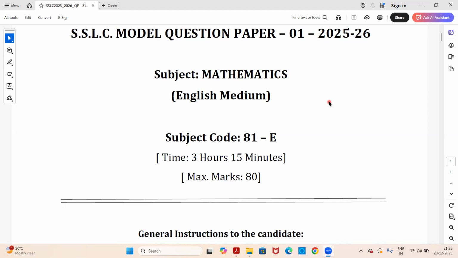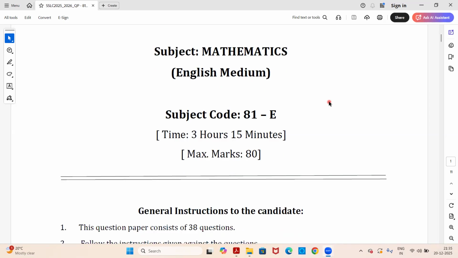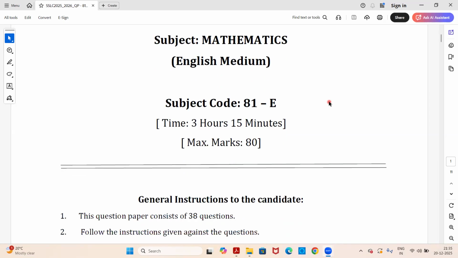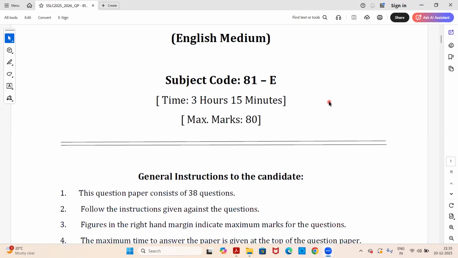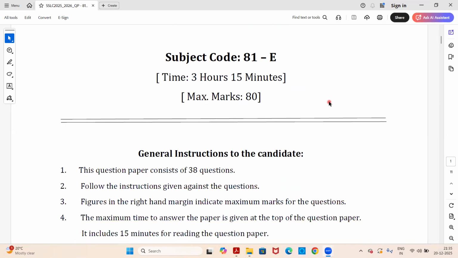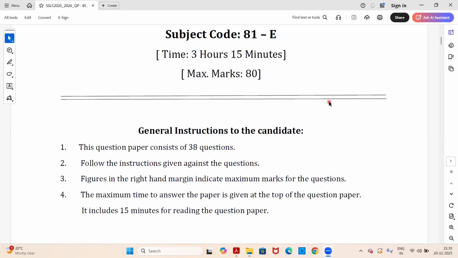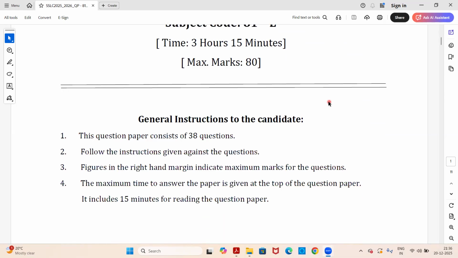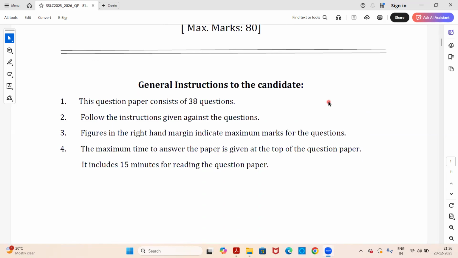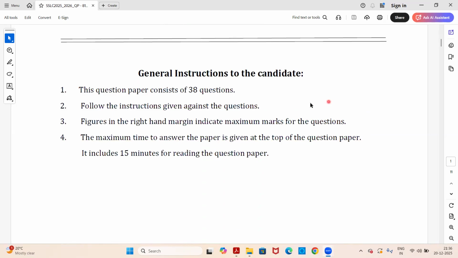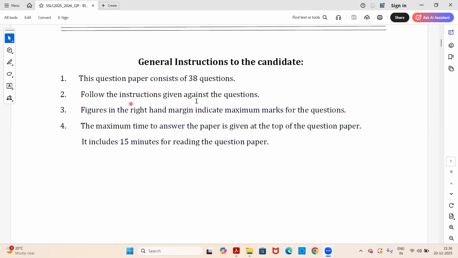So we'll start here with our mathematics paper for English medium students, model question paper 1 for this academic year. Subject code is 81E. The time duration is 3 hours and 15 minutes and maximum marks is 80. At the start of the paper, you have some general instructions which you need to read very carefully. The first point says that this question paper consists of 38 questions, and there are some instructions against each question which you need to follow.